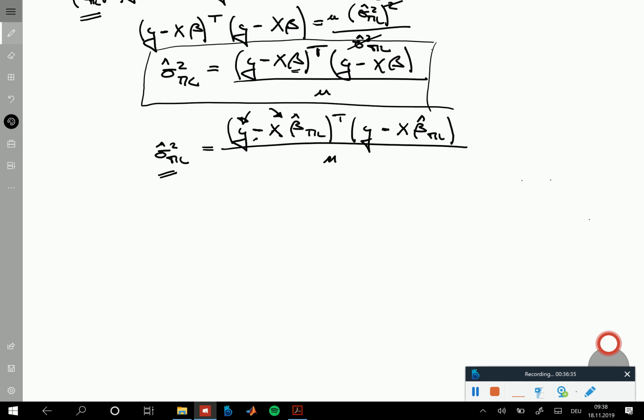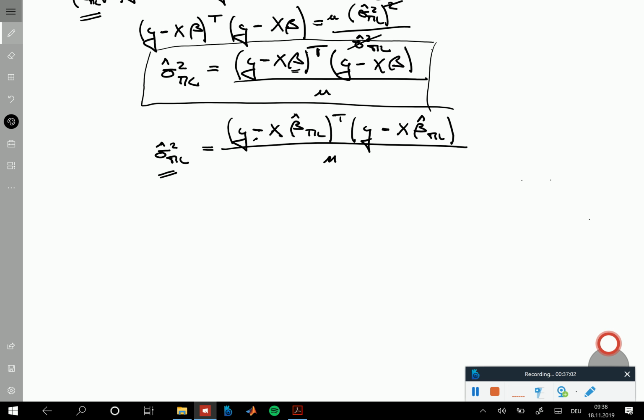The problem with that is that you don't have full knowledge of beta, so there is some variability in your beta estimation, which actually makes this estimator biased. So this maximum likelihood estimator is not the best estimator you can get.